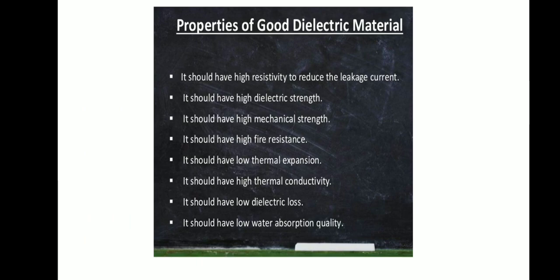Then low thermal expansion. Again, good dielectric materials have high thermal conductivity and low dielectric loss. And the last property is low water absorption. So these are the properties of good dielectric materials.